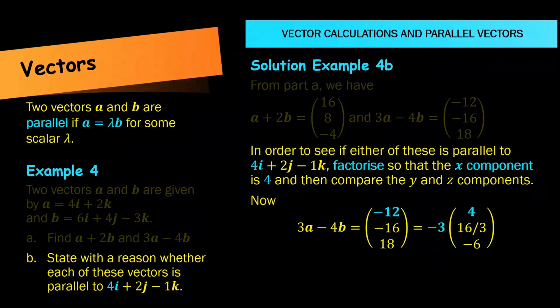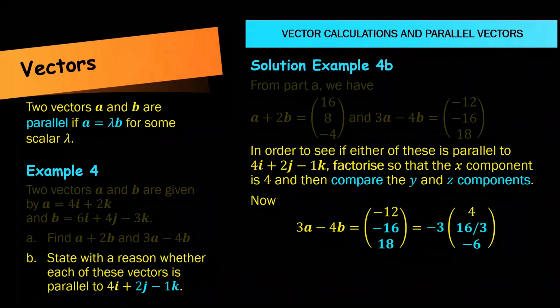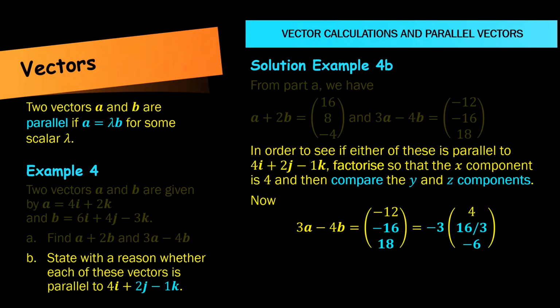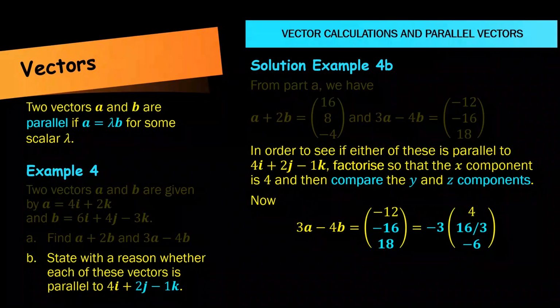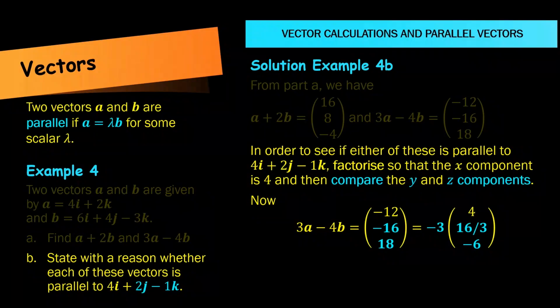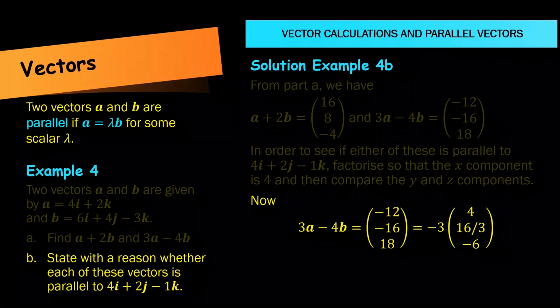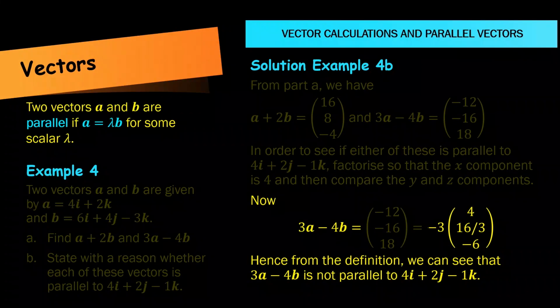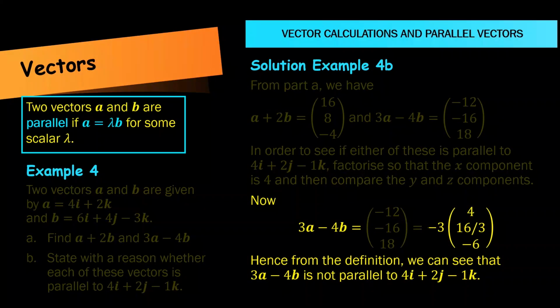Now let's compare the y and z components. Notice that they do not correspond to 2j - 1k. And therefore, from the definition, we can see that 3a - 4b is not parallel to 4i + 2j - 1k.